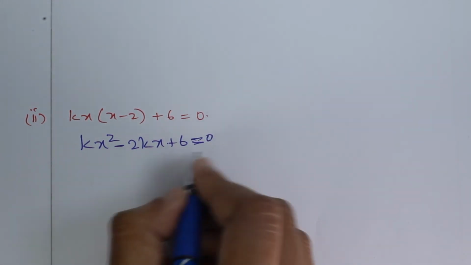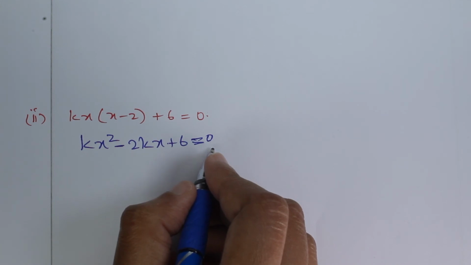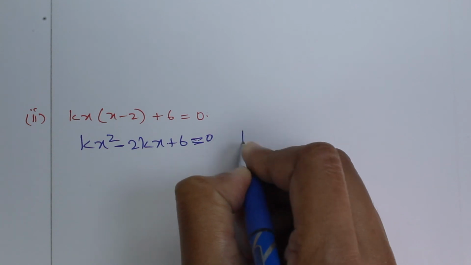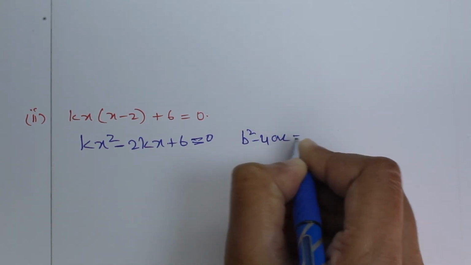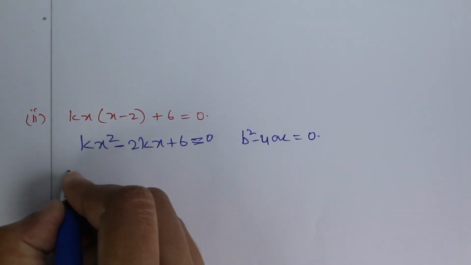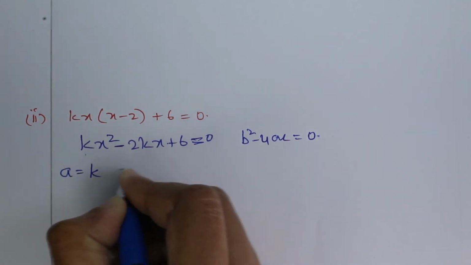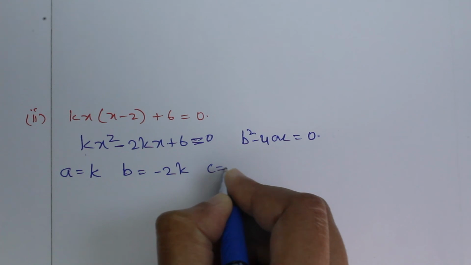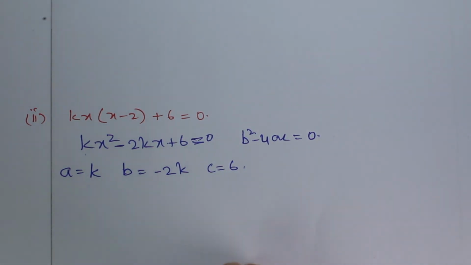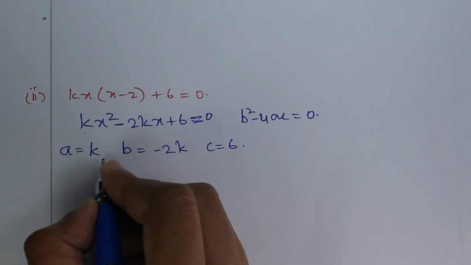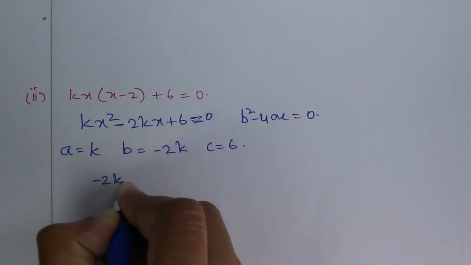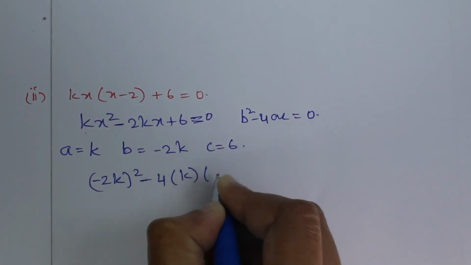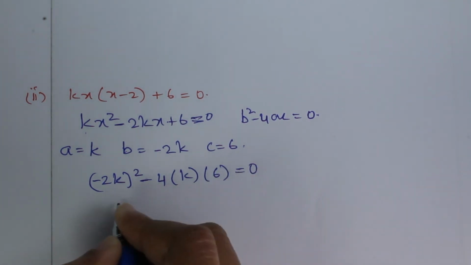So the condition for this equation is b square minus 4ac is 0 because it has two equal real roots. So b square minus 4ac is equal to 0. Here for this equation a is equal to k, b is equal to minus 2k, c is equal to 6. Now b square minus 4ac becomes minus 2k whole square minus 4 into a is k into c is 6 is equal to 0.